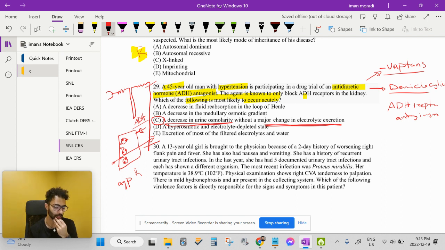The thing I was gonna do is that ADH has two receptors, V1 and V2. Remember, vasopressin I think is another name for ADH, or maybe the drug name for the ADH we give. Vasopressin, right?